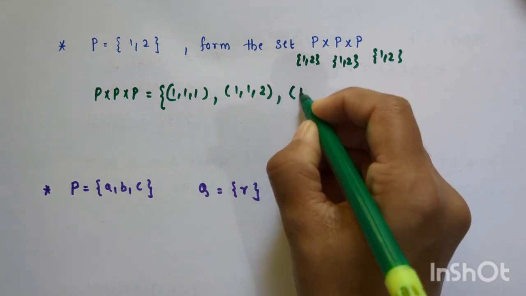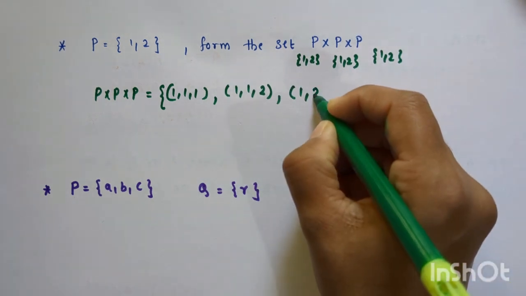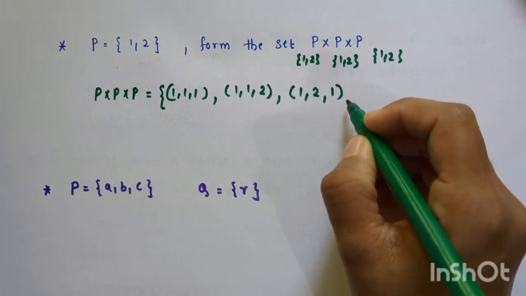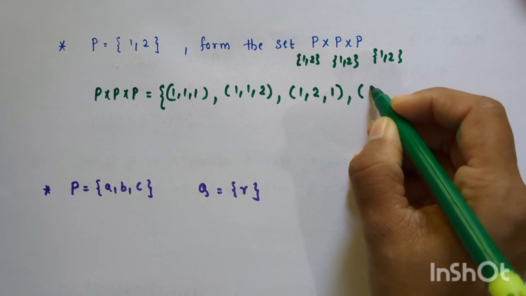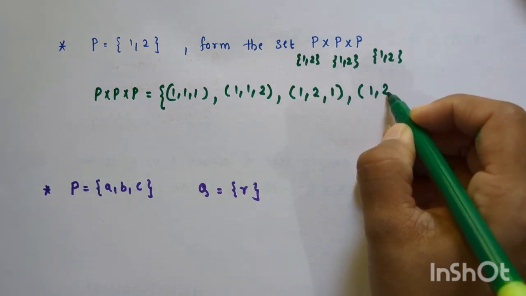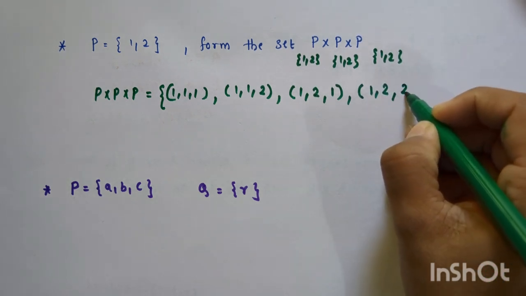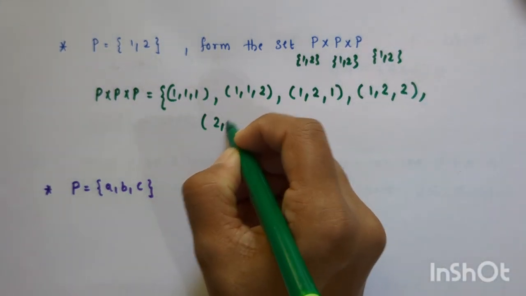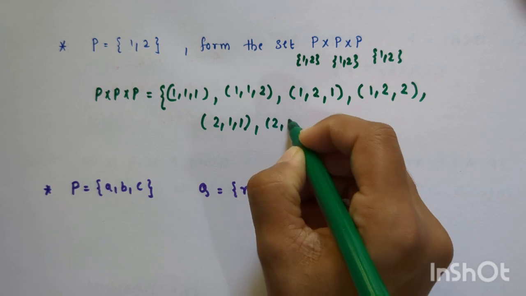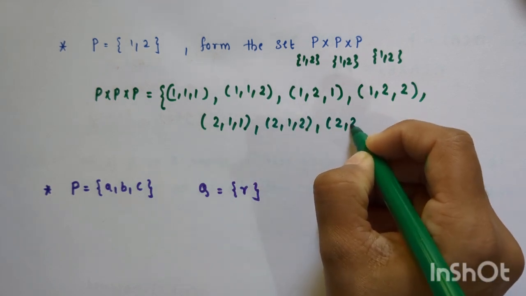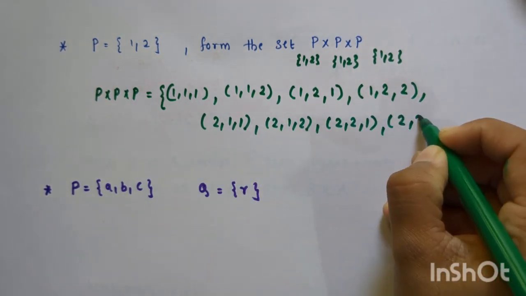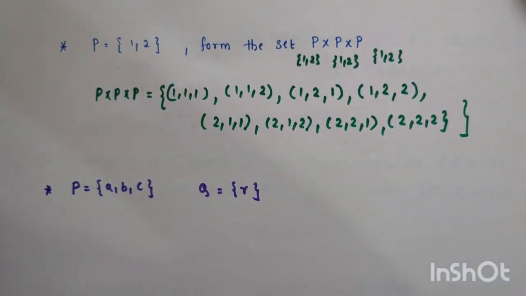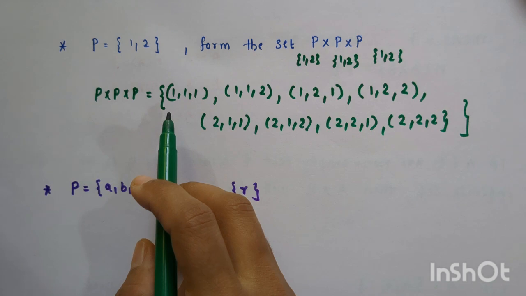First element of P, second element of the second P, and the first element of the third P, comma. First element of the first P, second element of the second P, and second element of the third P, comma. Then (2, 1, 1), similarly (2, 1, 2), then (2, 2, 1), and (2, 2, 2). So this will be the set P cross P cross P.